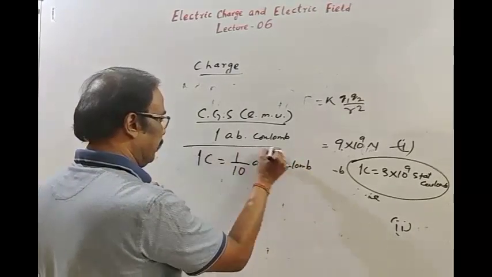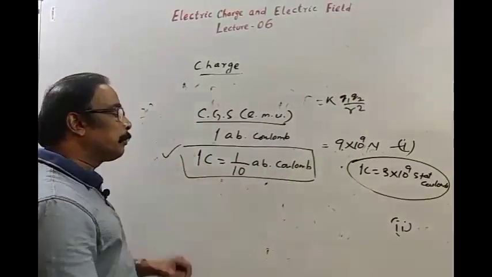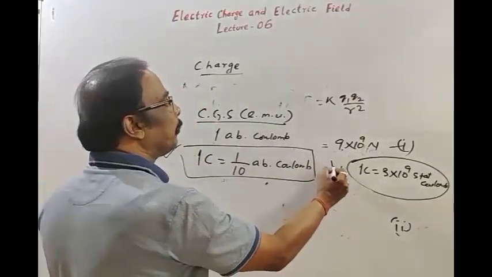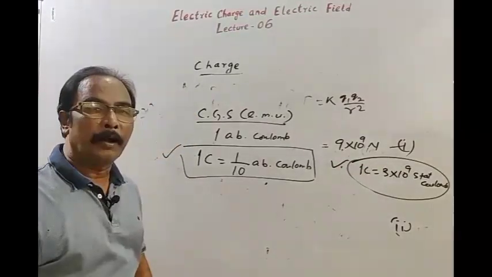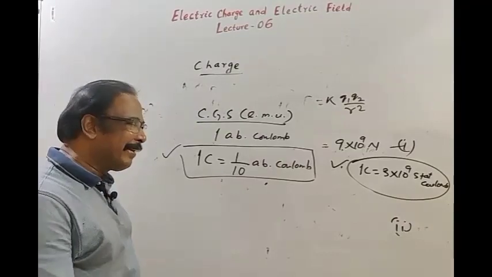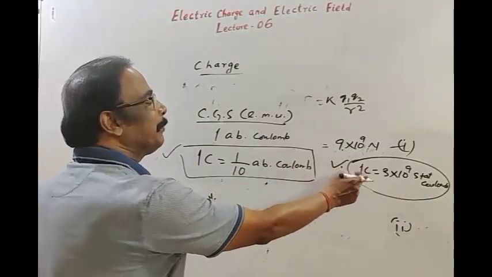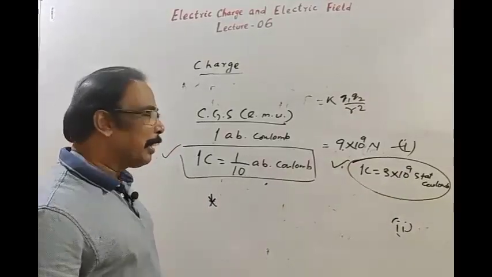These are the two conversions: 1 Coulomb is equal to 1 by 10 absolute Coulomb, and 1 Coulomb is 3 into 10 to the power 9 stat Coulomb. Again, you can equate and get another relation.